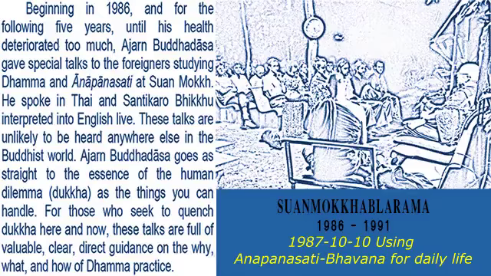Now we come to the third tetrad of Anapanasati, which has to do with the citta, the mind. Actually, this tetrad is not quite as important as the previous one, but it's still quite useful to work on, and so you should also give it your attention.